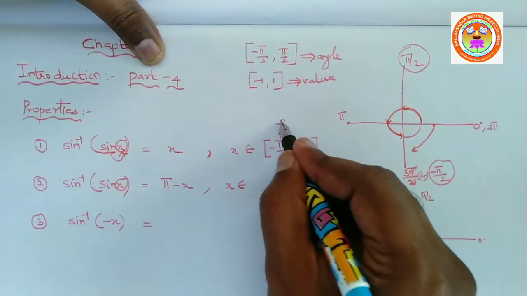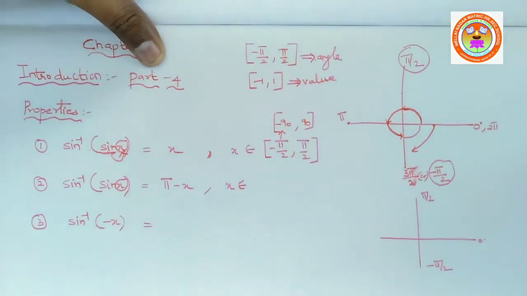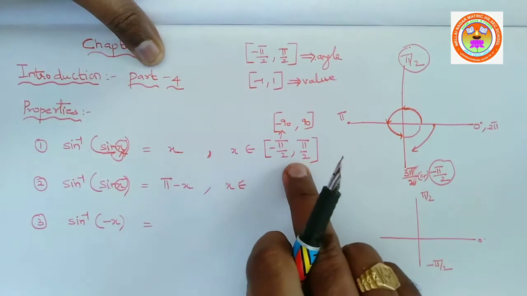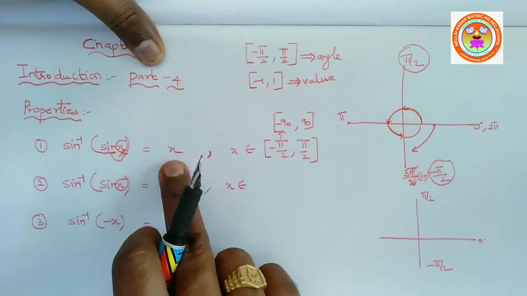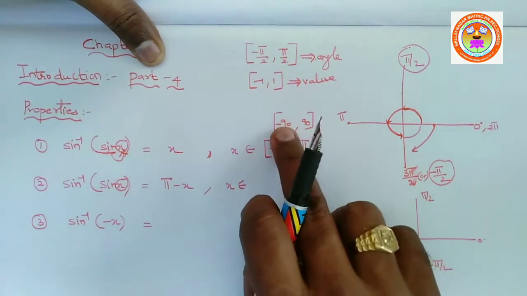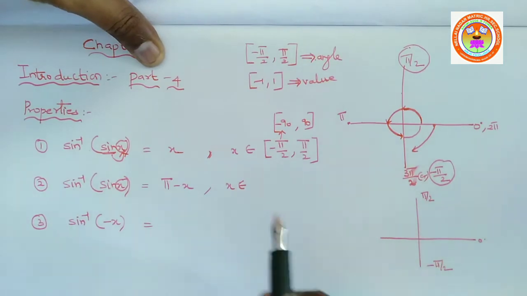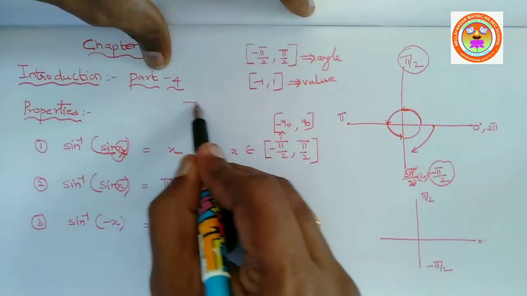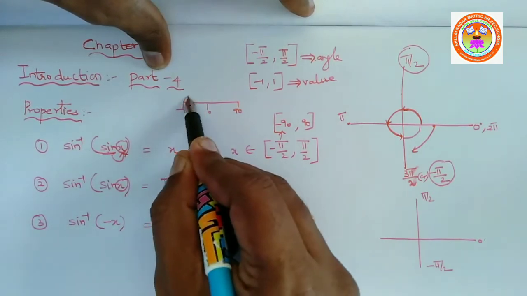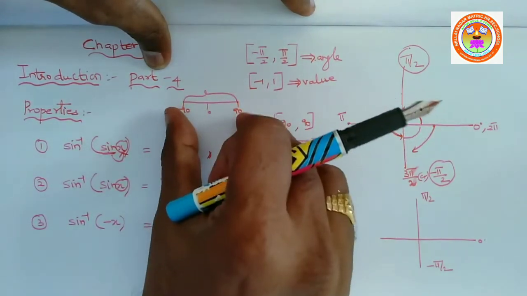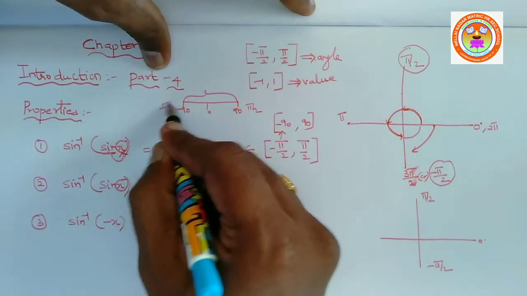What is minus pi by 2? Minus 90 comma plus 90. So if I take 30 degree, it lies between minus 90 to 90, so we can write the straight answer. If it is 45 degree, it lies in minus 90 to plus 90, so we can write the straight answer. If the value lies between minus 90 to plus 90, we take one line: this will be plus 90, this will be minus 90, this will be 0. 90 is nothing but plus pi by 2, this is nothing but minus pi by 2.